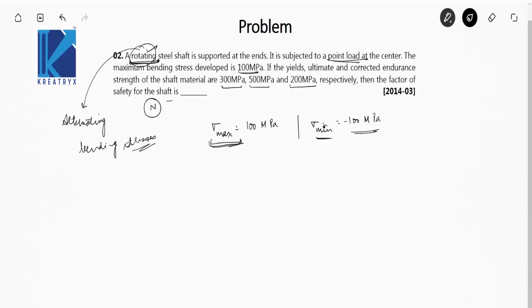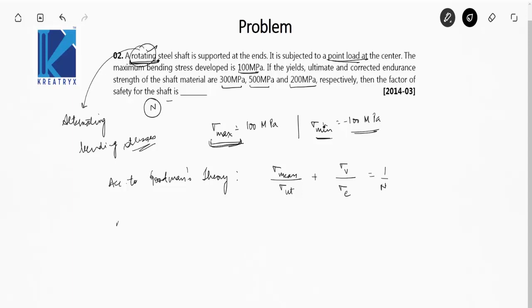How? Let's see. According to Goodman's theory, the formula is sigma mean upon sigma ut, that is ultimate tensile strength, plus sigma v, that is variable, upon the corrected endurance strength, is equal to 1 by n.